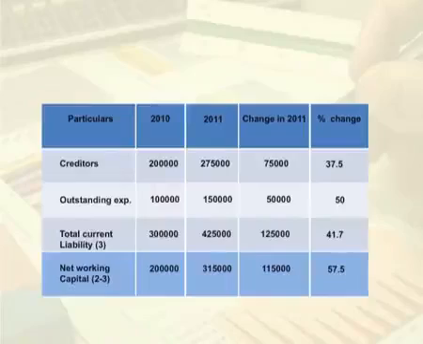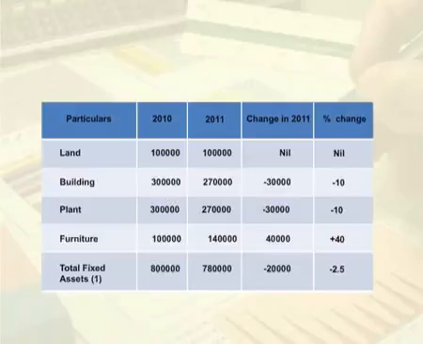The firm has raised long-term capital by borrowing an additional secured loan of rupees 50,000. Conventionally, long-term capital should be used in long-term investments or assets. In our example, the fixed assets in the form of furniture have increased by rupees 40,000.